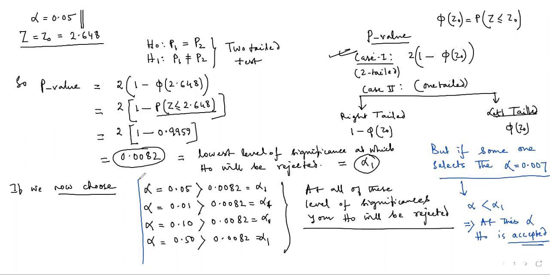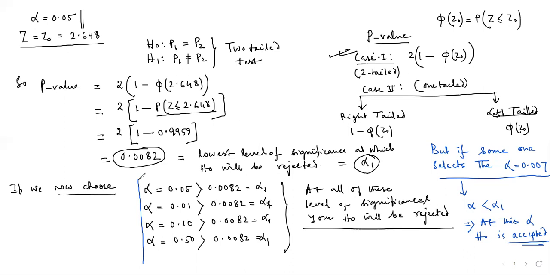Okay, so if I want to get a good amount of information about the data, then we have to be open-minded. We have to find out the lowest level of significance which would lead to the rejection of the null hypothesis.